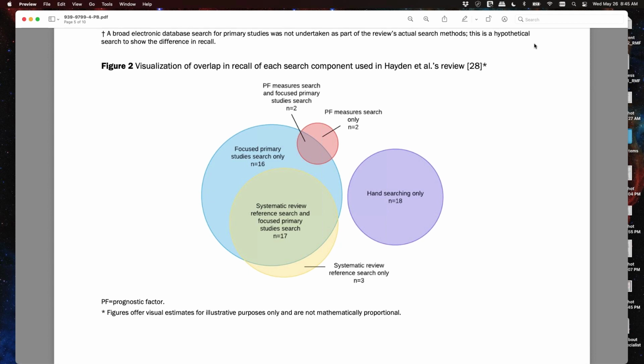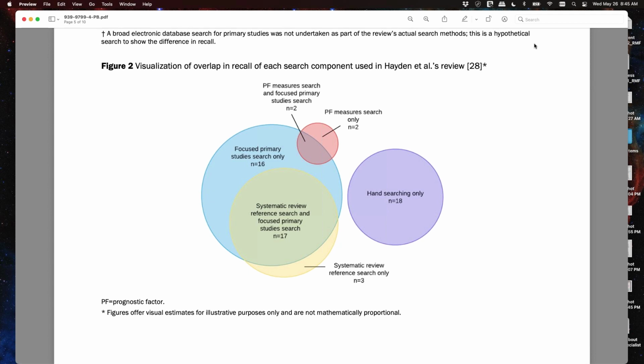So hand searching in other topics might not be as relevant or might not retrieve unique or only unique references compared to this topic. So this is a case report.